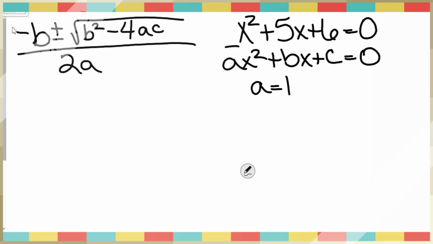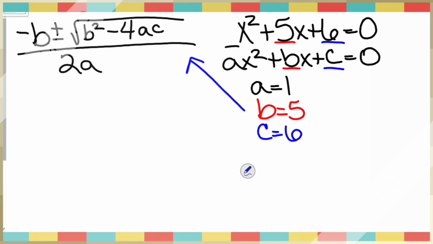It goes right there. There's no coefficient there, so it's known as 1. Our b is 5. And then our c is 6. So, we're going to plug those numbers back into that equation.